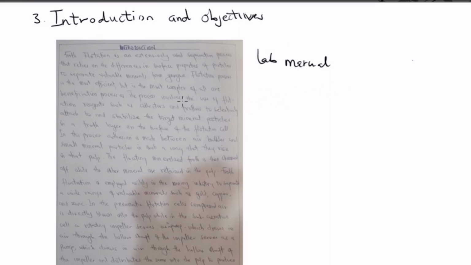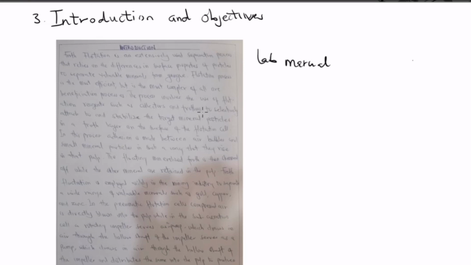After your introduction, you go to the next page, you write your objectives, and you just take them from the lab manual. The introduction is also in the lab manual, but for the sake of copied work, you shouldn't copy it, because a lot of people are using the lab manual, and if all of you copy the same introduction, it will not be advisable.